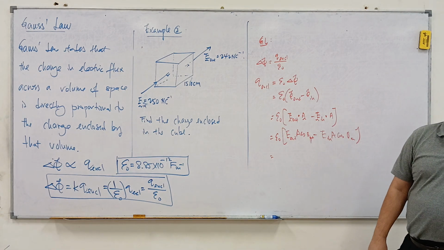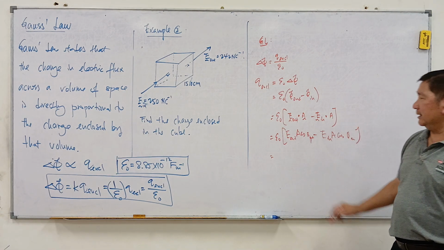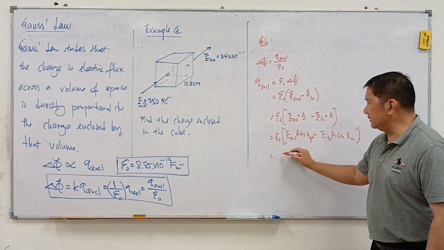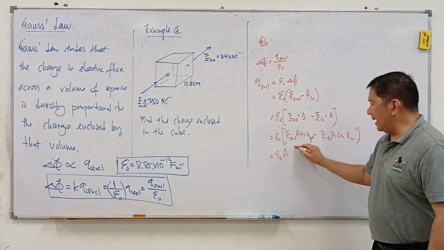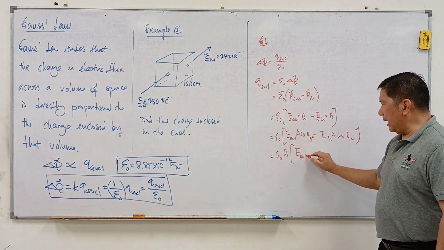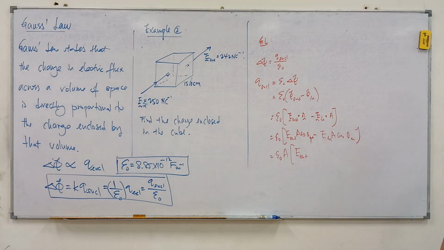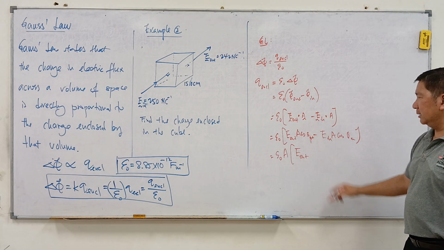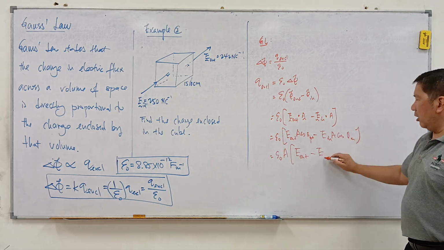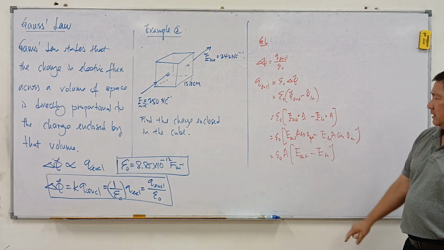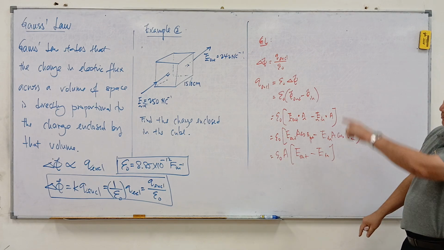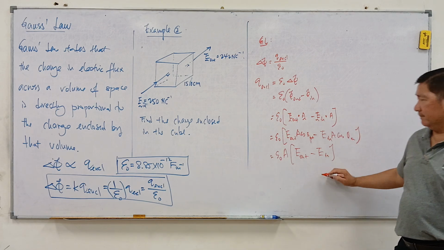So the area is 0.15 squared because 15 centimeter. So epsilon naught A E out, but what is the cosine theta out? 1, isn't it? Because theta is 0. So this one is 1, gone. This one also gone. So you just need E out and E in. Both are given.